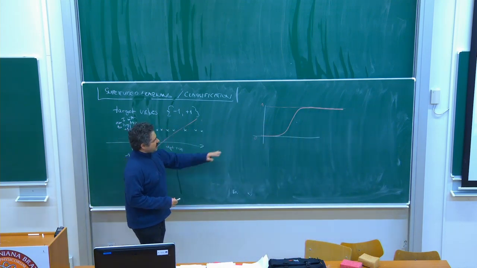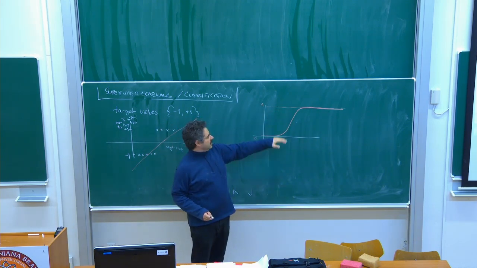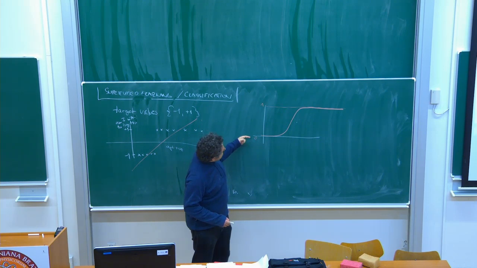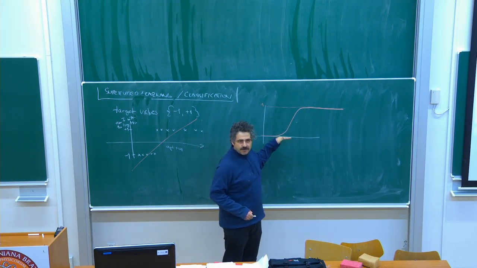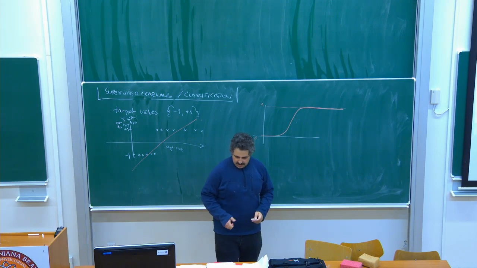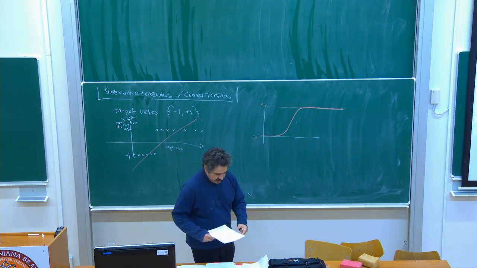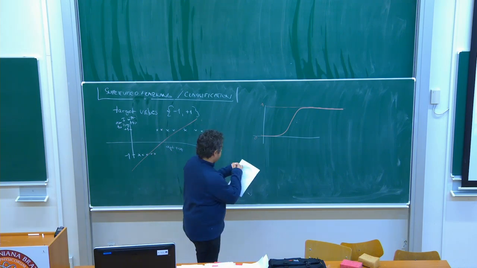It never goes below 0, never goes above 1. And it has some kind of phase transition, so it quickly goes from 0 to 1 at some point. Okay? So this is called the sigmoid function.